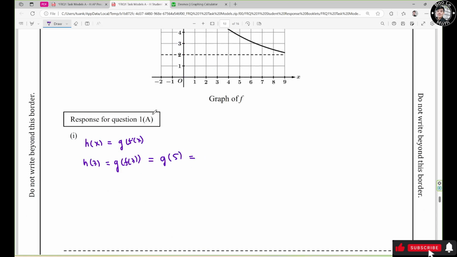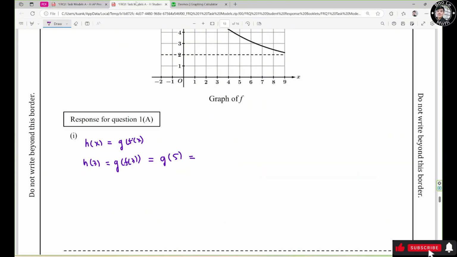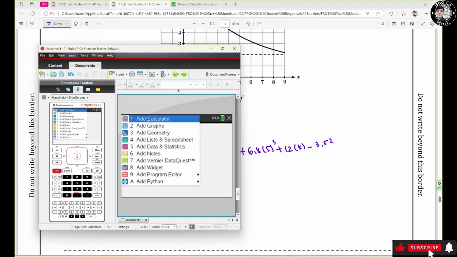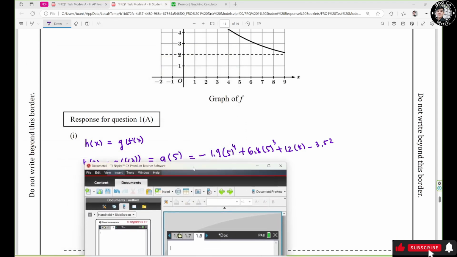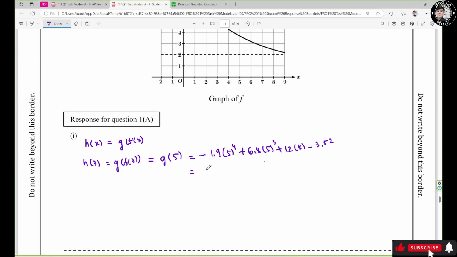Now we need to input 5 for s into this function g. So we just bring up the calculator. We hit Control I, add calculator, and we just input this one. Now hit enter, the answer is -21.02.